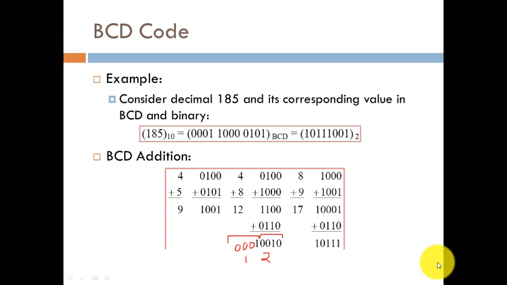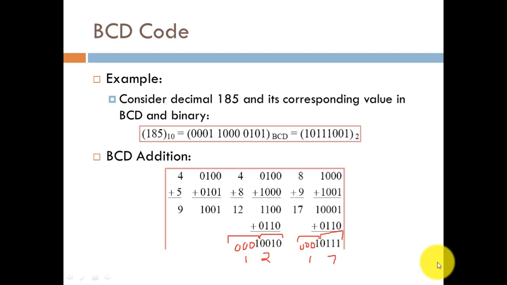So we are left with 1 plus 0 is 1, 0 plus 1 again 1, 0 plus 1 again 1, 0 plus 0 is 0, and then 1. Again we have to separate it out and append these zeros. So this is representing 1 and this is representing 7.